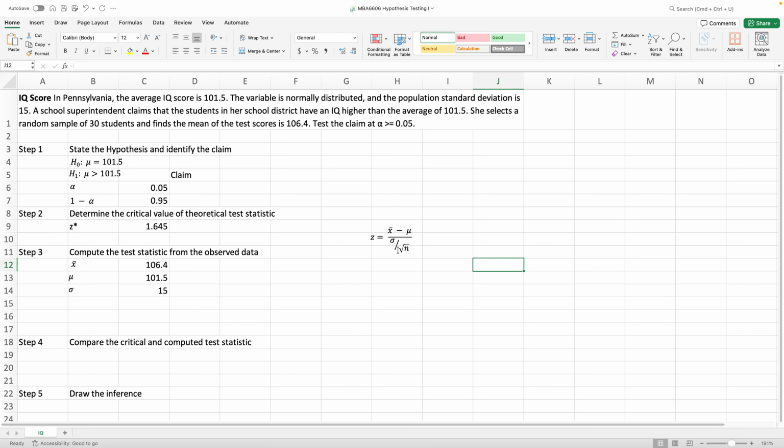Right, so this is the formula that we are going to use to compute the test statistic.